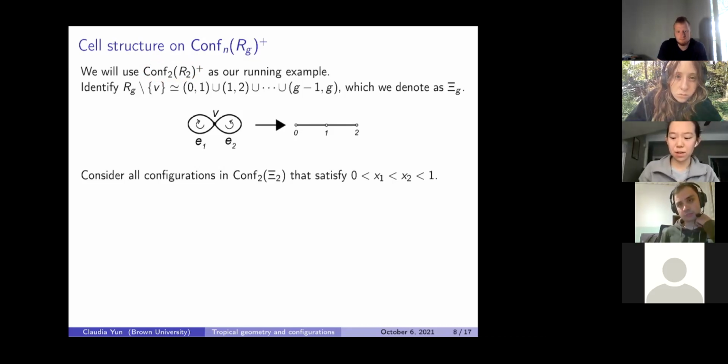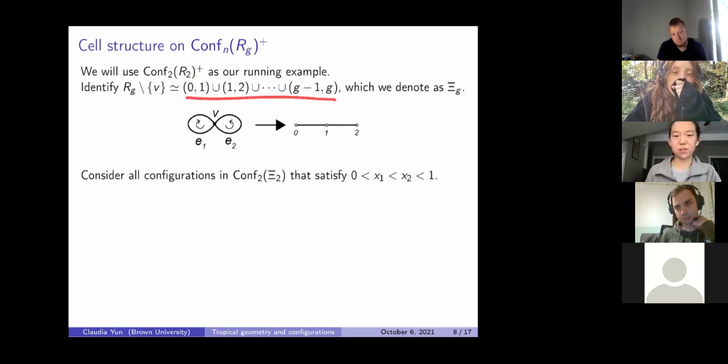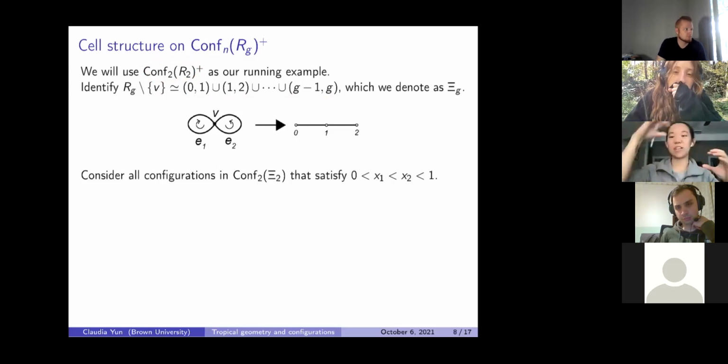First of all, we're gonna identify R_G minus the central point with a bunch of intervals. If you have a rose graph and you remove the central point, you're left with G arcs. Because in configuration spaces we don't think about automorphisms, every arc is distinct from the other arcs, and every arc has a direction.